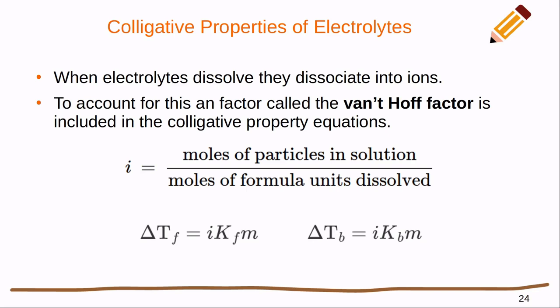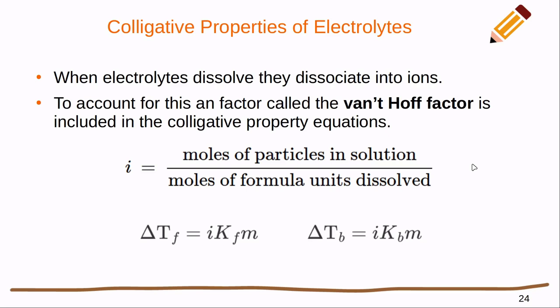All right. So to account for this, when we have electrolytes, we add something called the Van't Hoff factor. All right. And roughly the Van't Hoff factor would be the moles of particles in solution divided by the moles of formula units dissolved.